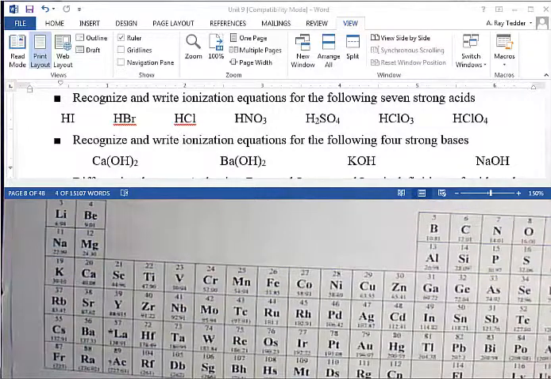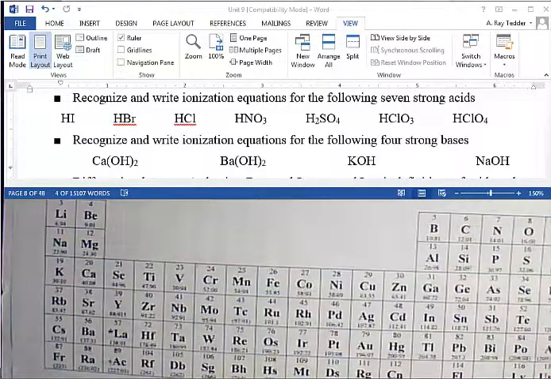Now, for the strong bases, there isn't any little, pithy saying or anything to help you memorize those. You just got to know what those are. I mean, if you wanted to twist the point a little bit, you could say NaKBaCa. You could put all those together into some kind of strange word.